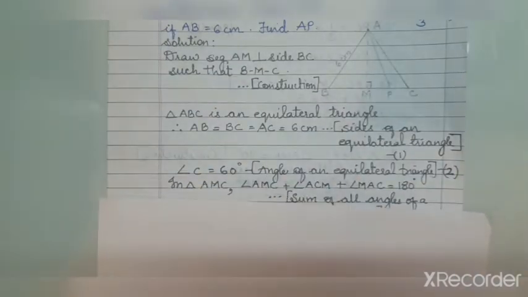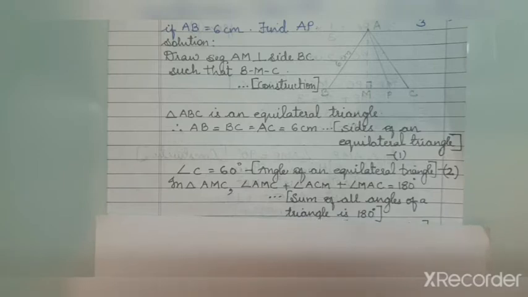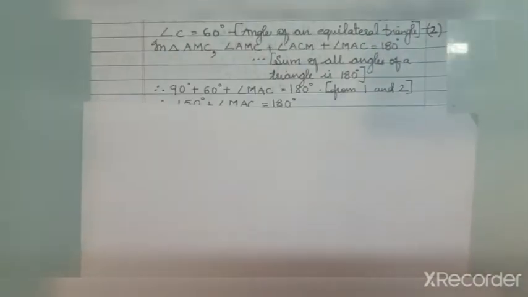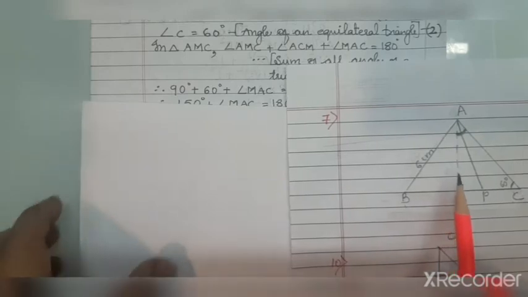Further, in triangle AMC, angle AMC plus angle ACM plus angle MAC is equal to 180 degrees. The reason: the sum of all the angles of a triangle is 180 degrees. Further, we substitute.